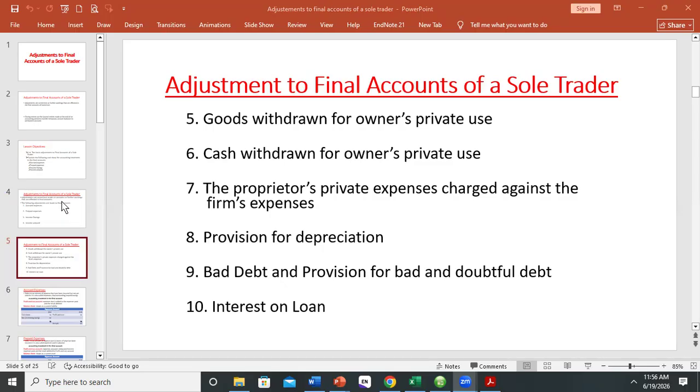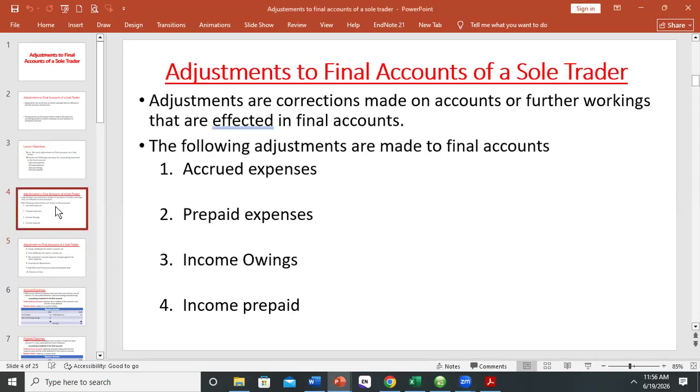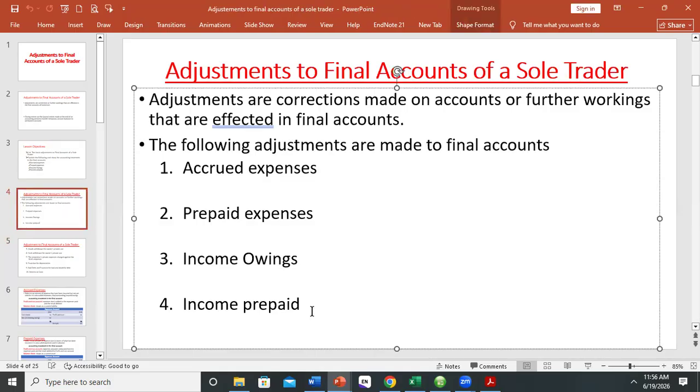So let me go over again for those who want to note. The adjustments you are supposed to know as an accounting student at this level: accrued expenses, prepaid expenses, income owings, income prepaid. Now, the income prepaid, I prefer to call it income received in advance.